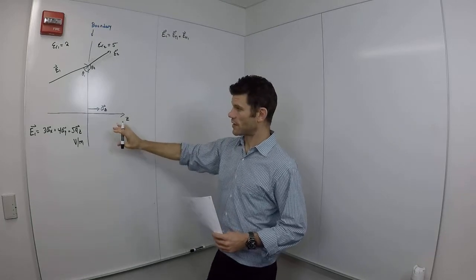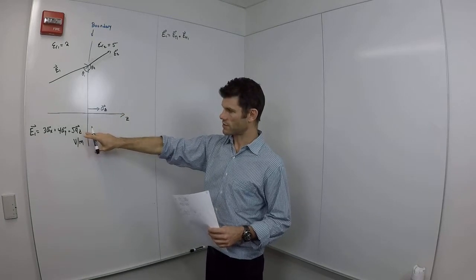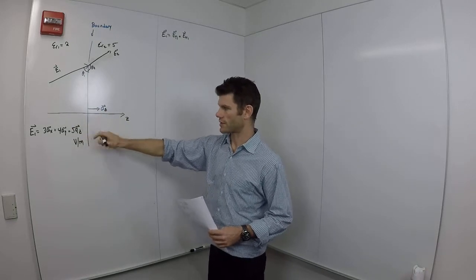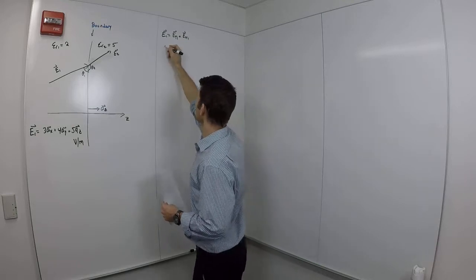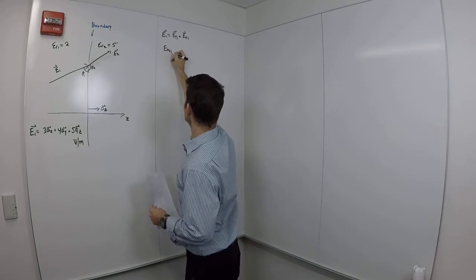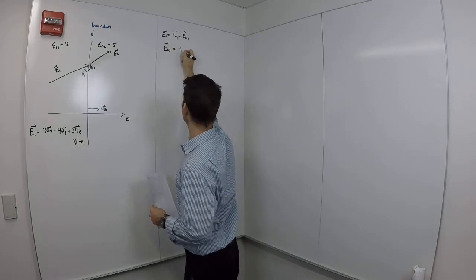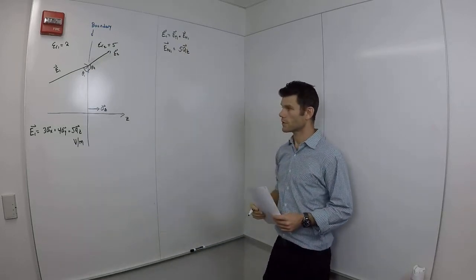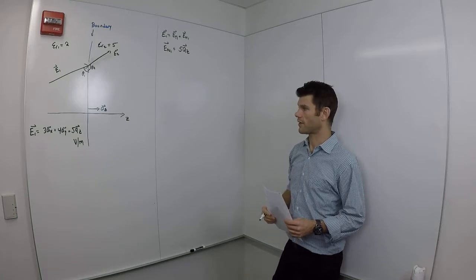With that being said, you can just visually inspect this equation right here and tell that the normal component is just going to be the z component, because that's the only part that's normal. So we could say that En1 is equal to 5 AZ.